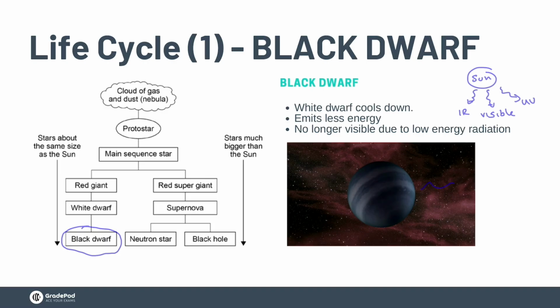So it would give out, at this stage, microwaves and radio waves, and they're at the lower energy end of the electromagnetic spectrum, and it's just no longer visible. It's just a nothing in the sky.